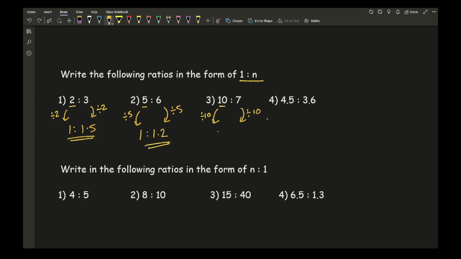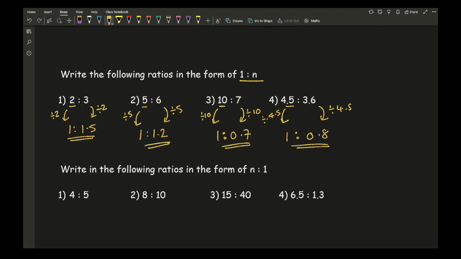So 10 divided by 10 is 1, and 7 divided by 10 is 0.7. And here I want to change the 4.5 to a 1, so I'm going to divide by 4.5. I do the same to the 3.6, so I end up with 1, and then 3.6 divided by 4.5 gives me a final answer of 0.8. And there is my final answer.